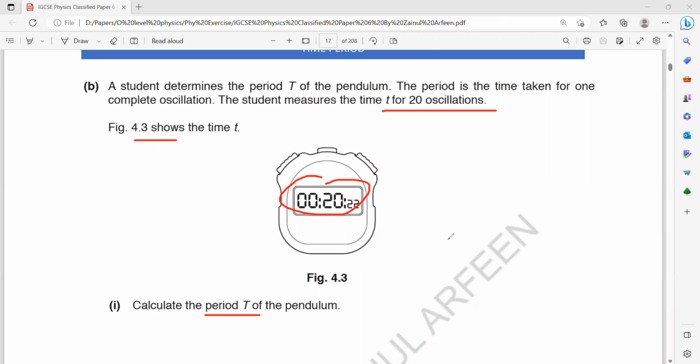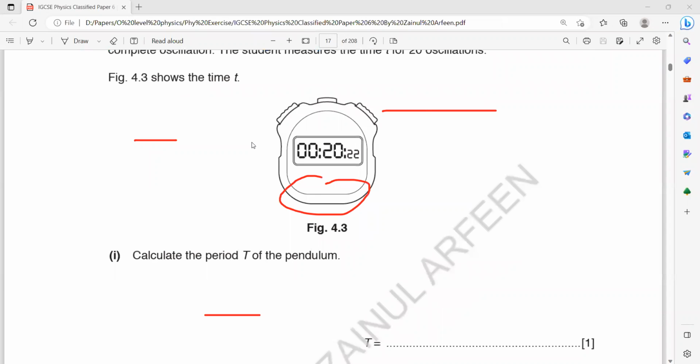So what will the time period be if 20 oscillations is equal to 20.22? We have the time for 20 oscillations, which is 20.22, and we want the time for one oscillation.